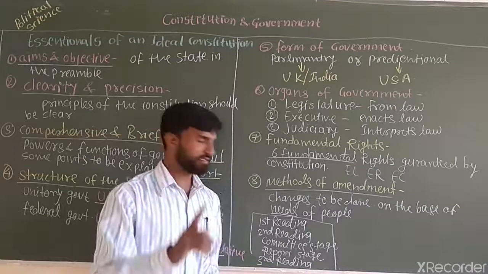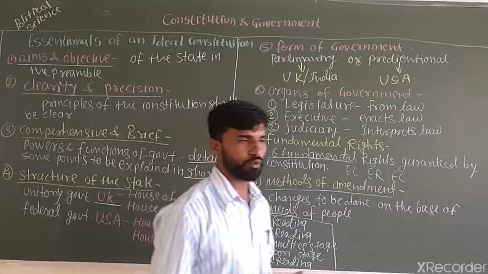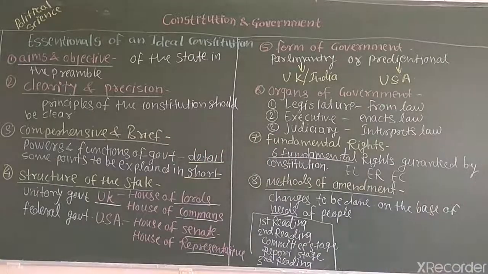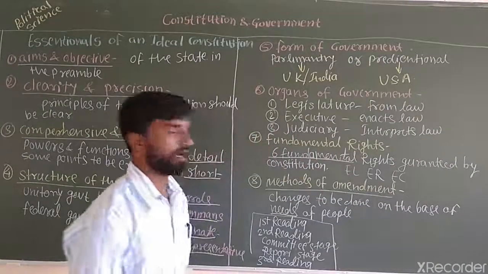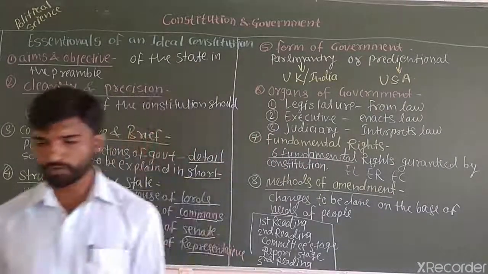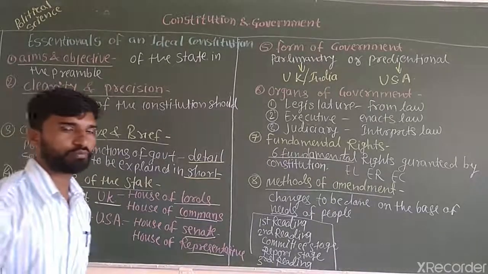There it doesn't require this special procedure. Only by normal voting can decisions be taken for ordinary law. So that comes in the methods of amendment. Special procedure is needed somewhere, and somewhere a normal one.